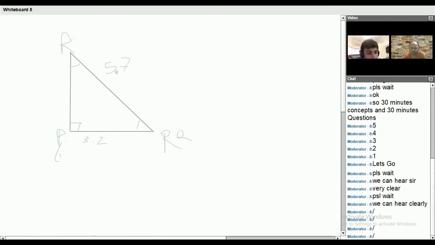So Q will be, with hypotenuse and adjacent, cos theta, cos Q. Okay, so you meant to say cos. We have to consider cos theta.